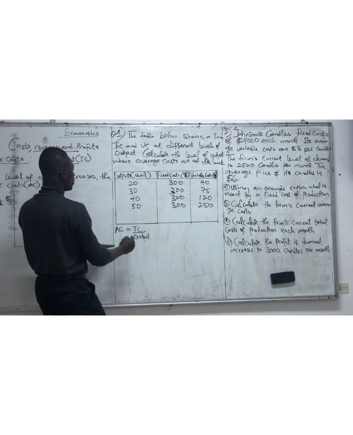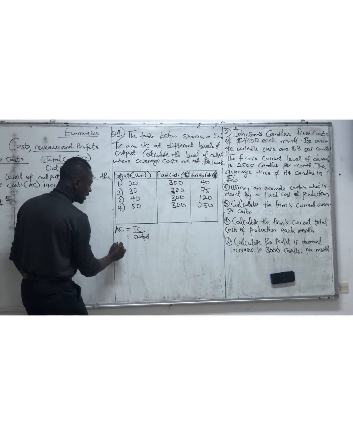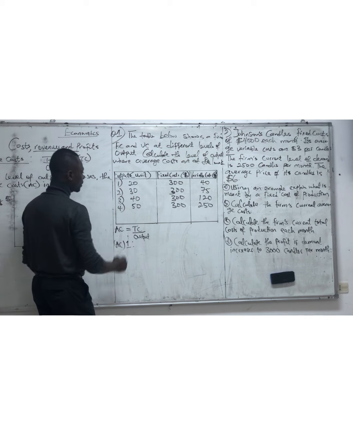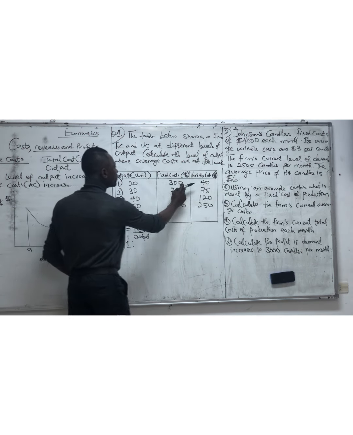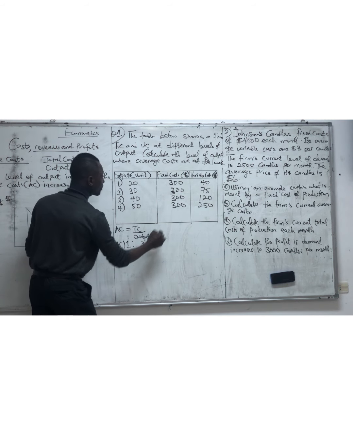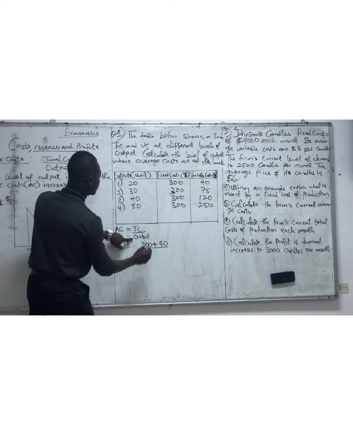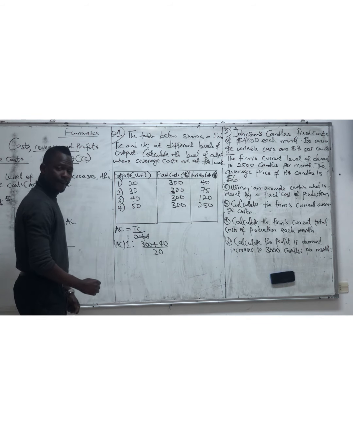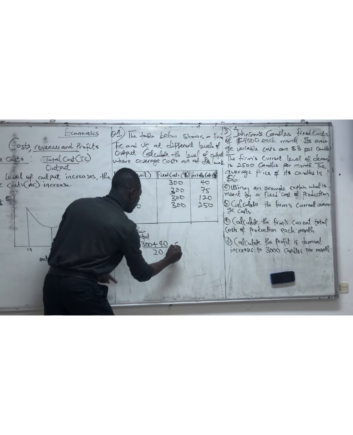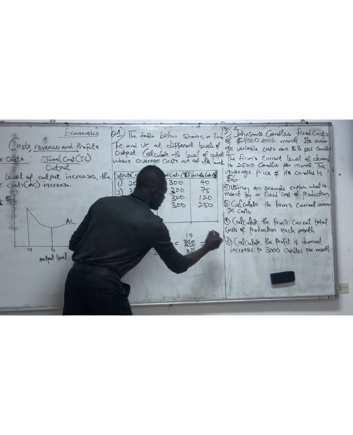Great. So for AC1, let's say this is 1, 2, 3 and 4. What is the total cost for 1? FC plus VC. So we have 300 plus VC 40 over output 20. So we have 340 over 20. That is 17.